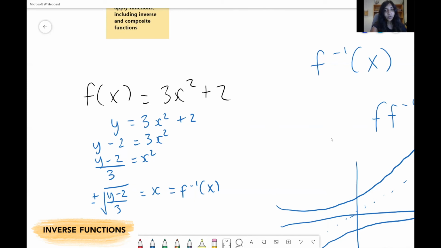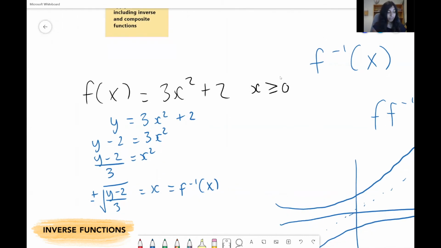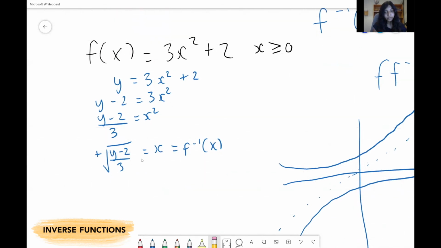What I forgot to state was what the domain of this function was. The domain is just values of x which are greater than 0. So because x has to be greater than 0, you don't need the negative sign because it has to be positive. So the inverse is just the square root of y minus 2 over 3. And then you can just substitute the value of y as x. So you just get f inverse of x is equal to the square root of x minus 2 over 3.